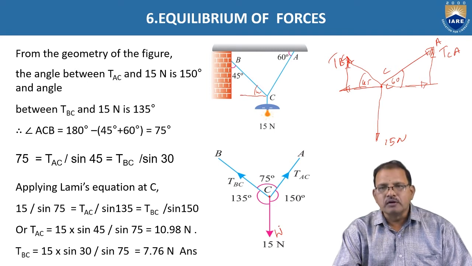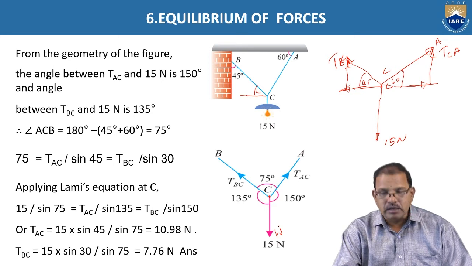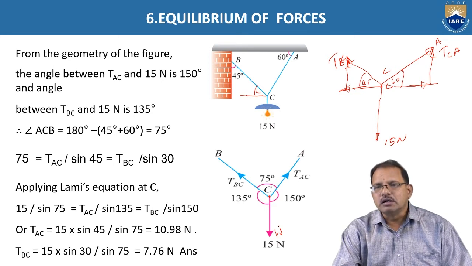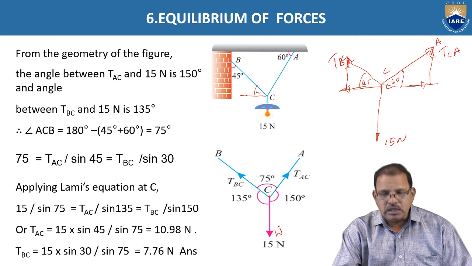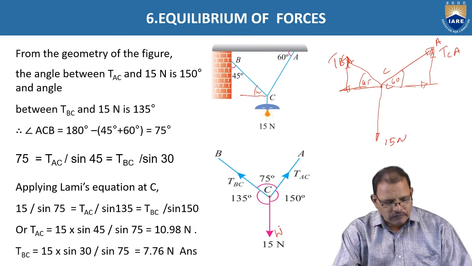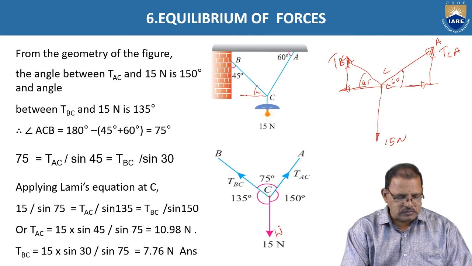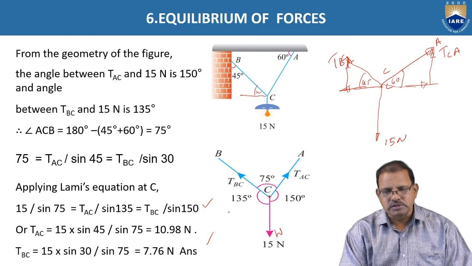That means here 15 divided by sine 75 degrees is equal to TAC divided by sine 135 degrees and TBC divided by sine 150 degrees. On solving these equations, we get TAC is equal to 10.98 newtons. Similarly, TBC is equal to 7.76 newtons, which is shown in the figure now.